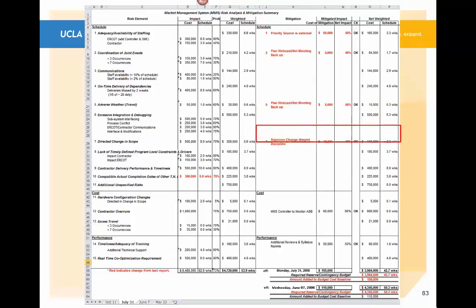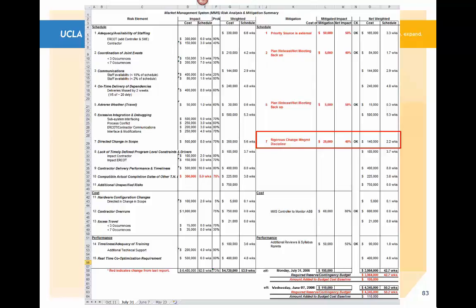And then the risk about directed change in scope, where we would be told by the customer flat out that we had to have a change in scope and go through the change process to mitigate that getting out of control and creating chaos on the project and the project plan.